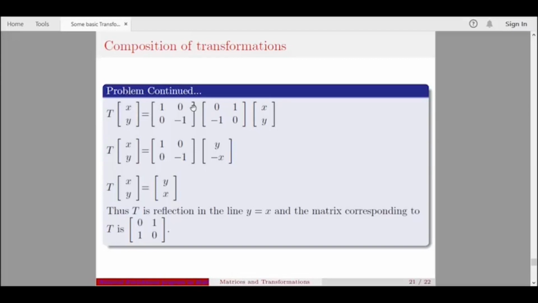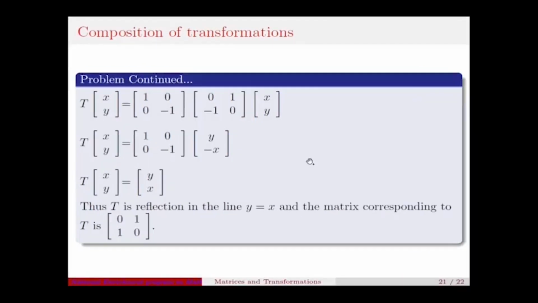So this matrix T2 is written like this. When you simplify it, we got y, minus x, and further multiplication gives T of xy equal to yx. So what does this represent? It represents a reflection in the line y equal to x.